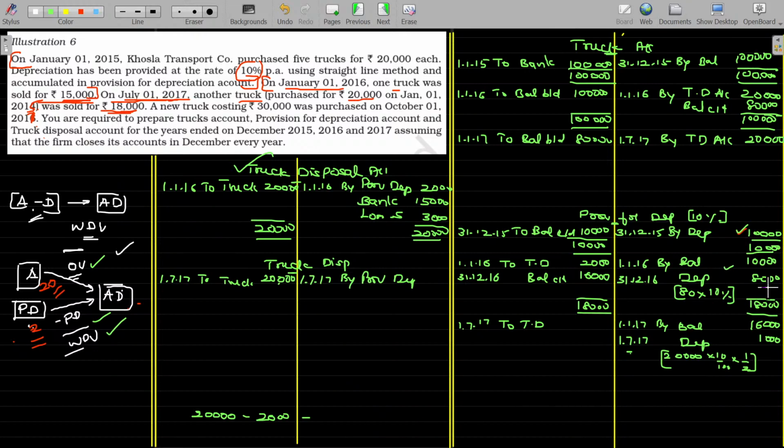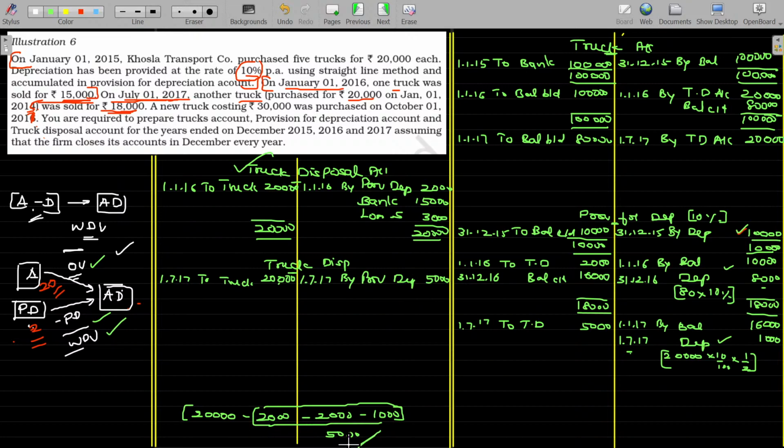Depreciation on asset sold 2,000. In the last year, we have used it for only 6 months. For the 6 months, depreciation should be now added. Now the entire accumulated depreciation on this asset sold would be how much? 5,000 rupees. That 5,000 should be transferred from provision for depreciation to the truck disposal account.